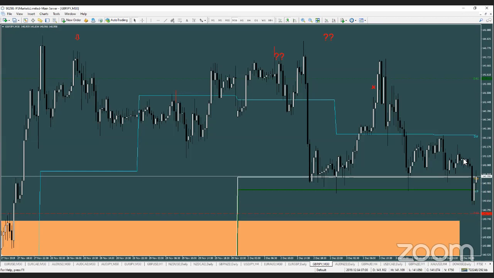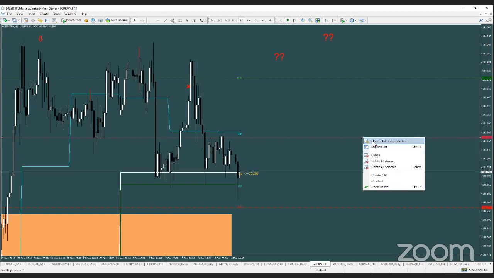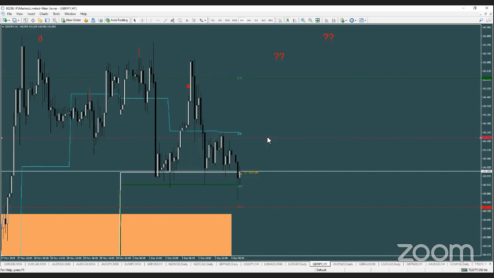It'll be 141.21. So 141.21 would be the long entry, very close to there. Okay, let's change that to green.